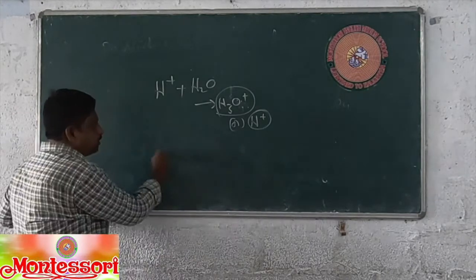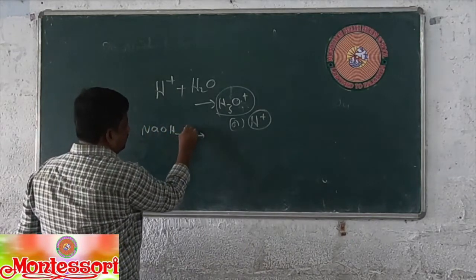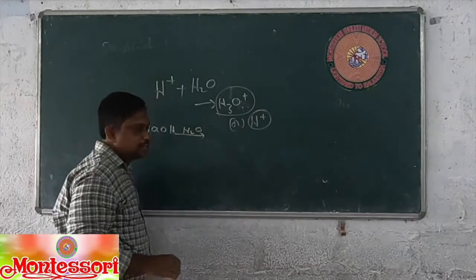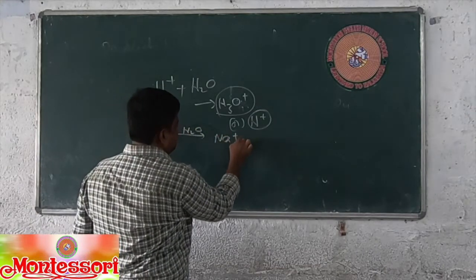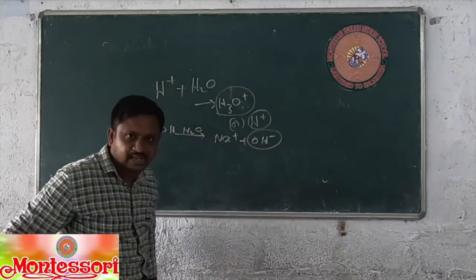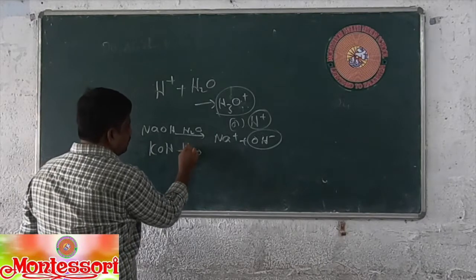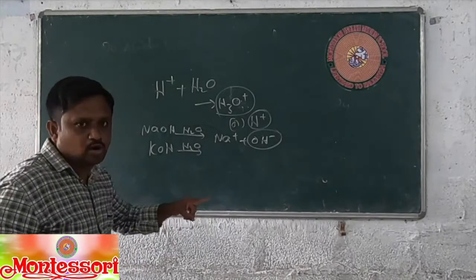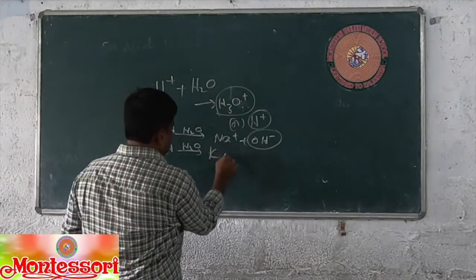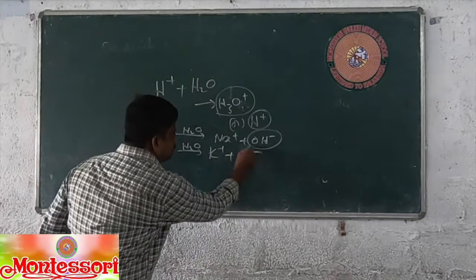If you take the base NaOH, when it reacts with water H2O, it gives Na plus and OH minus ions. Likewise, if you take KOH, potassium hydroxide, when it reacts with H2O, it gives K plus and OH minus ions. Here also OH minus ions.